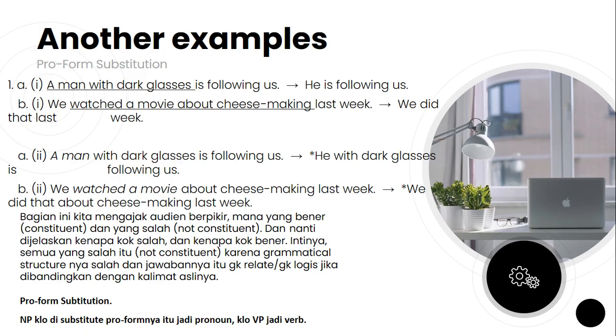We can see in the sentence, "A man with the dark glasses is following us." If we just substitute "a man," it ruins the grammatical structure and is not logical compared to the original sentence. Different from if we substitute "a man with the dark glasses," it will become correct and not ruin the grammatical structure.